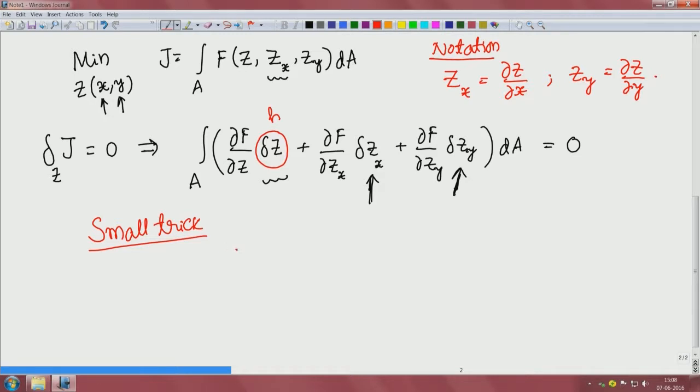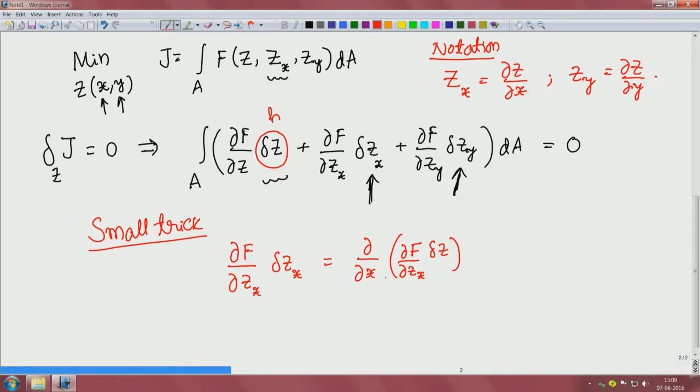So, what we do is we write dou f by dou z sub x times delta z sub x as dou by dou x of, actually, what we will do is we will write dou f by dou z sub x into delta z.